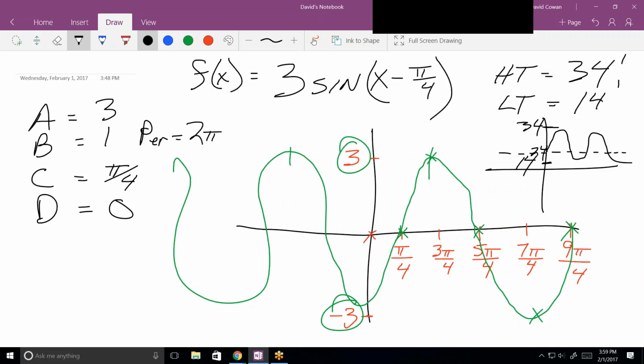And even though this is called a sinusoid function, you can as easily have cosine here as sine. In other words, if I put cosine in there, it's still a sinusoid function. It's just modeled after the cosine. You've figured out by now, I'm sure, that the cosine and the sine differ by a pi over 2 shift.